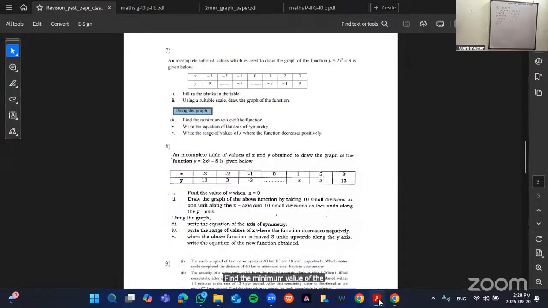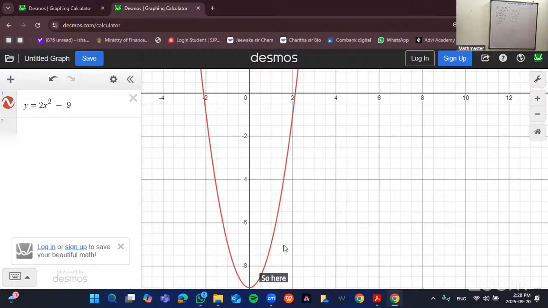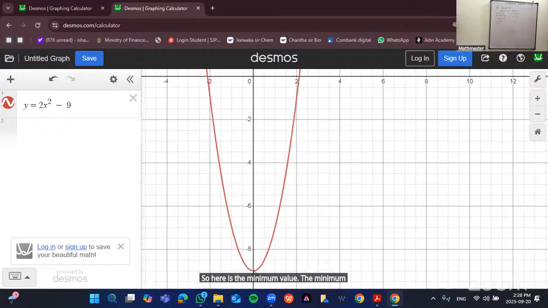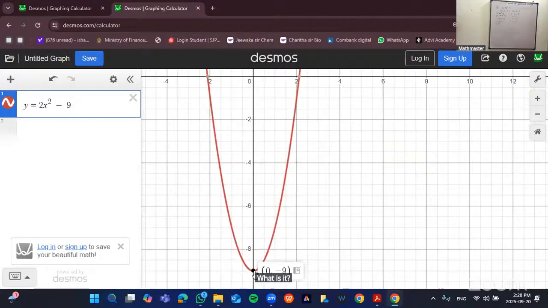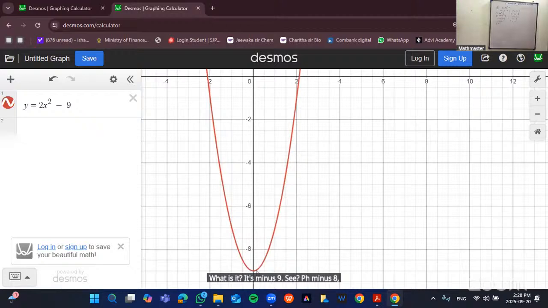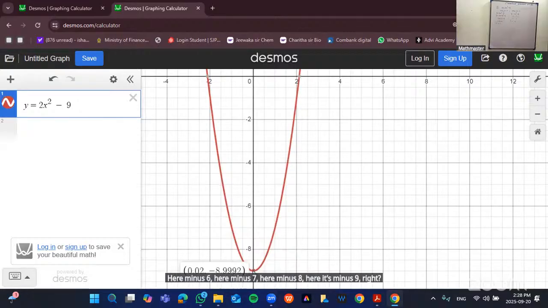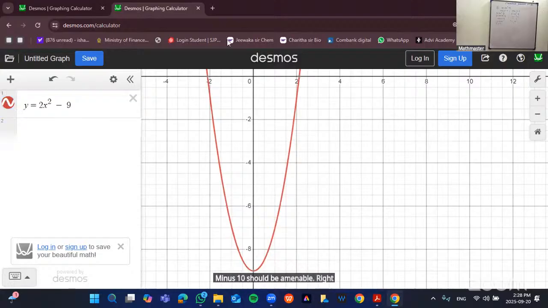What is the minimum value here? Counting down, minus 6, minus 7, minus 8, and here it's minus 9. So minus 9 is the minimum value. Next part.